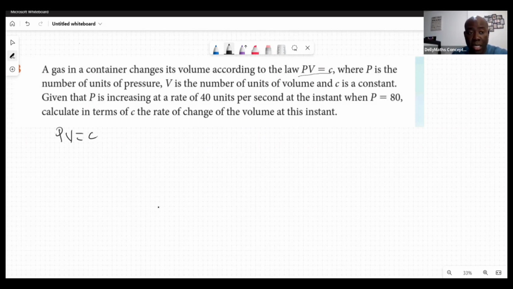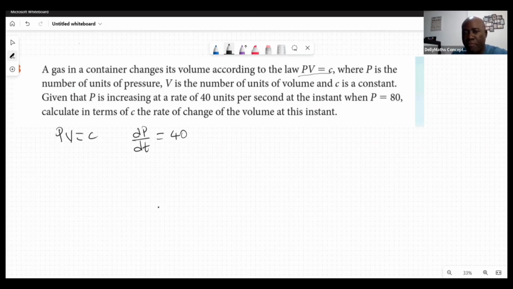Given that P is increasing at a rate of 40 units per second. So what is it that we got? P. So I just got dP dt, and it is increasing at a rate of 40 units per second.